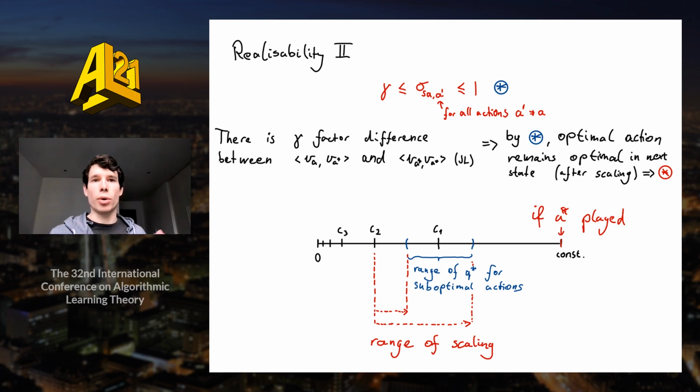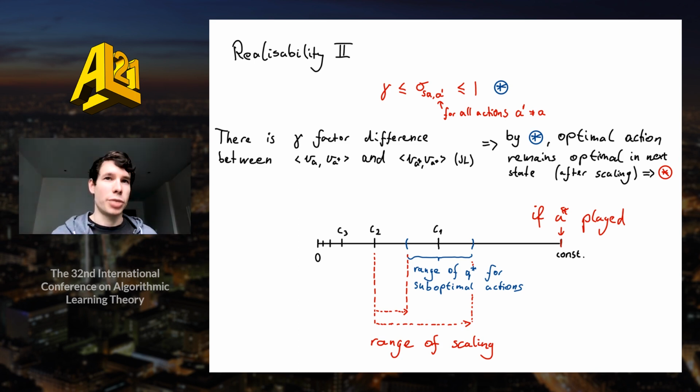And so what we need to show now is this blue star assumption of the scaling constant being between values gamma and 1. And so for this, we show how the shift and scale work together to control this. In the first stage, we have a C1 constant plus the inner product that we could see.